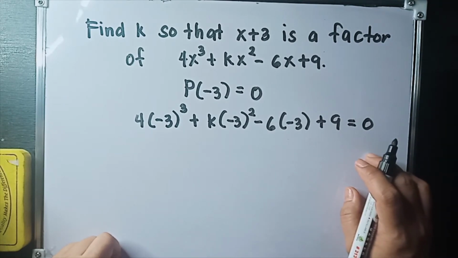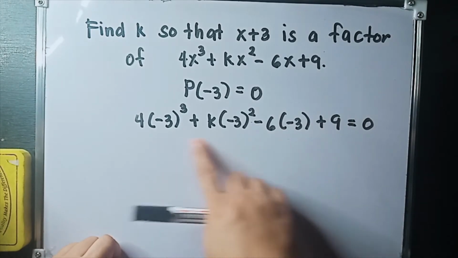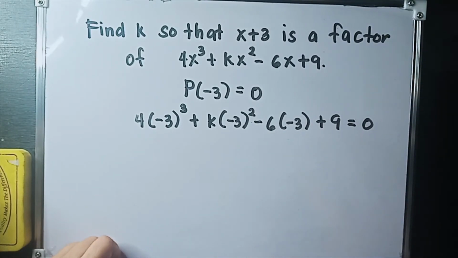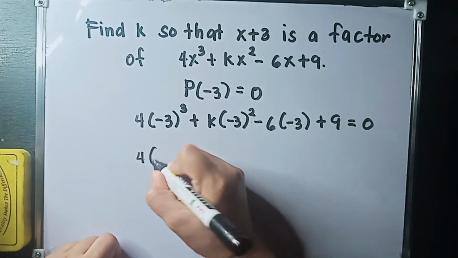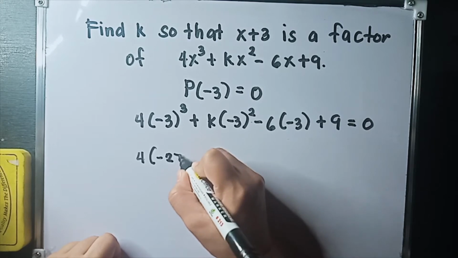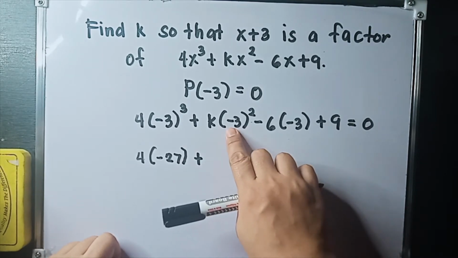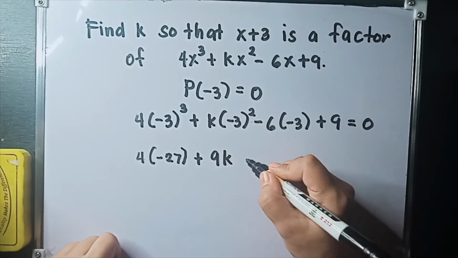So we just substitute the value of x, negative 3, and equate the equation to 0. And then, we simplify them. So we have 4 times negative 27 plus negative 3 squared is 9k.